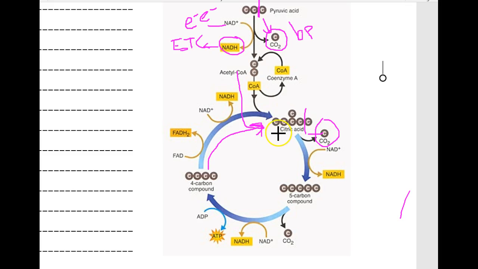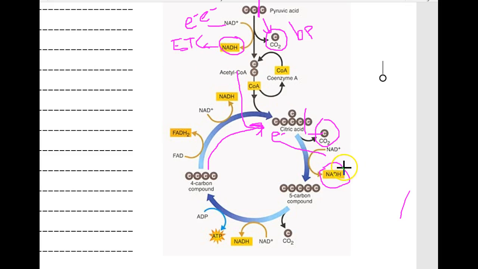And as you already know, anytime we get a breakup, we're going to get electrons that are going to be freed up. There's actually going to be 2 pairs of electrons along with their hydrogens that are going to be freed up. So those electrons, they're going to be picked up by NAD+, they're going to become NADH, and where do you think that's going to go?